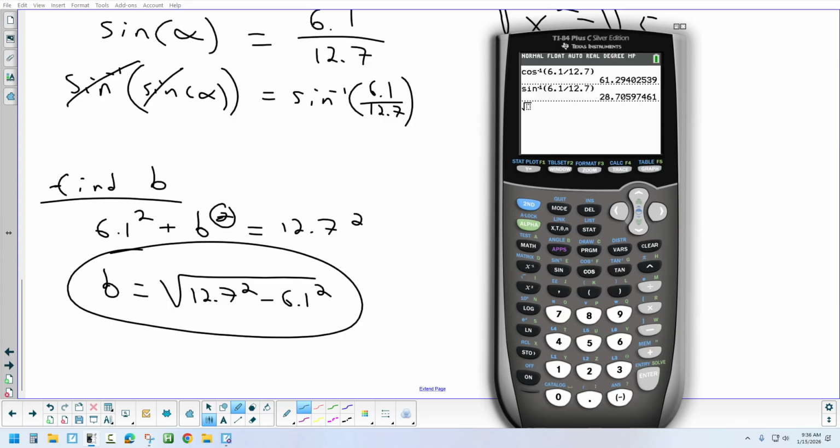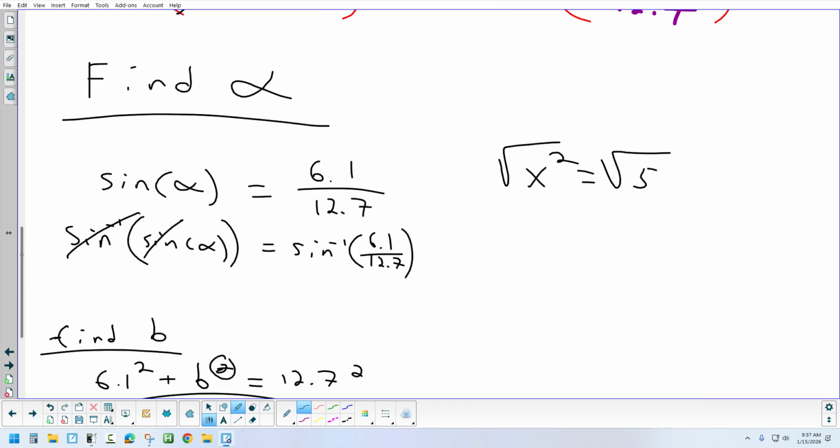It's better to rearrange it rather than square 6.1 and round it, and square 12.7 and round it. Then you're doing too much rounding. So try to solve it without the calculator, just manipulate it, and then plug everything in one step. All right, so 12.7 squared minus 6.1 squared. We get 11.139.